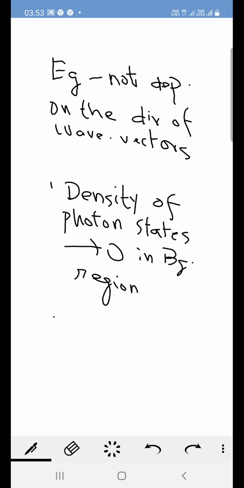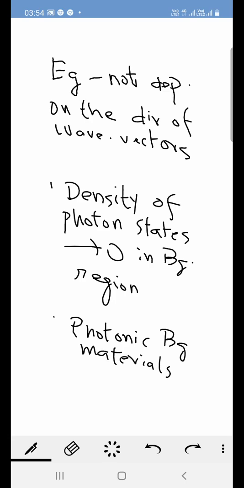So these materials are called photonic crystals, or often called photonic band gap materials. For the 3-dimensional arrangement of polystyrene spheres, PS spheres, it looks something like this.